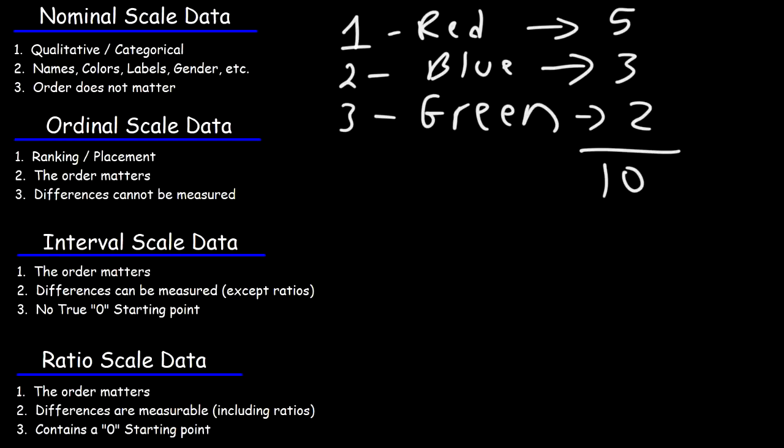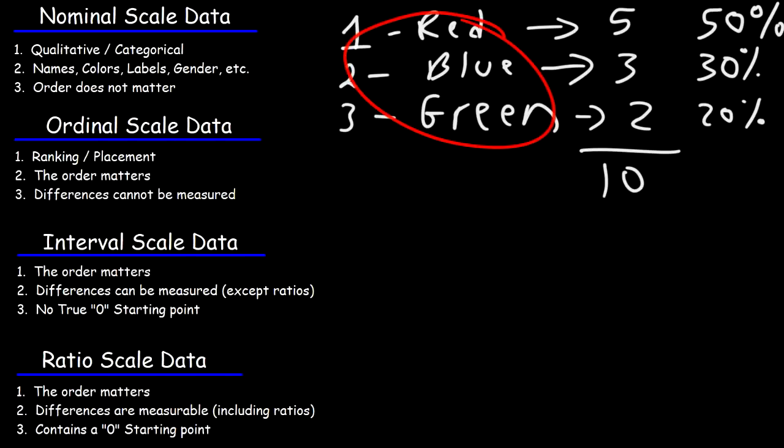So in terms of percentages, out of that small survey, 50% preferred red, 30% preferred blue, 20% preferred green. So that's one way in which we could use this form of data in calculation. But the individual colors themselves, red, blue, and green, they can't be used in calculation on their own merit, since it's a qualitative form of data.